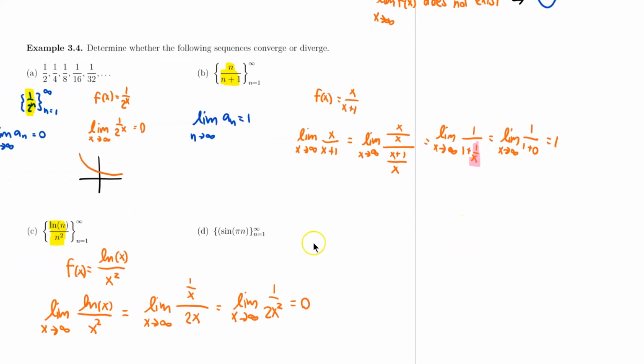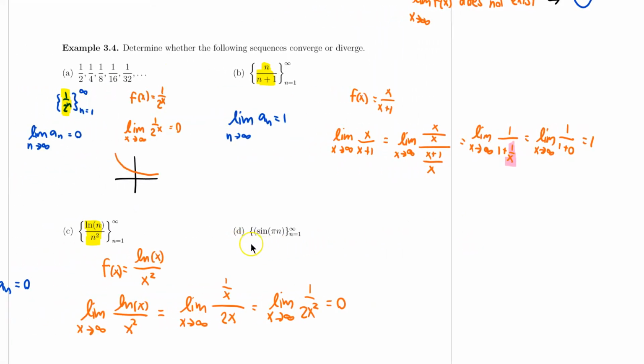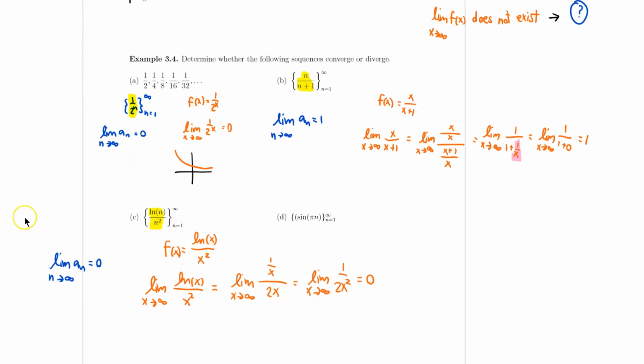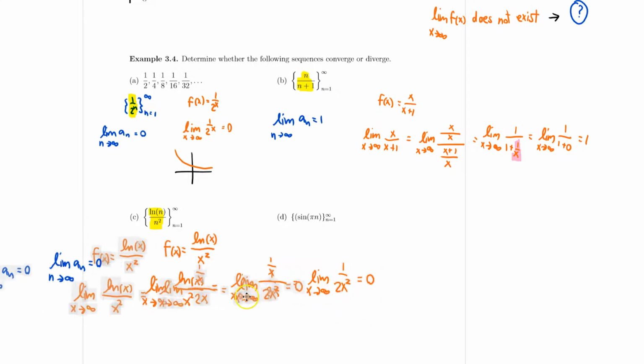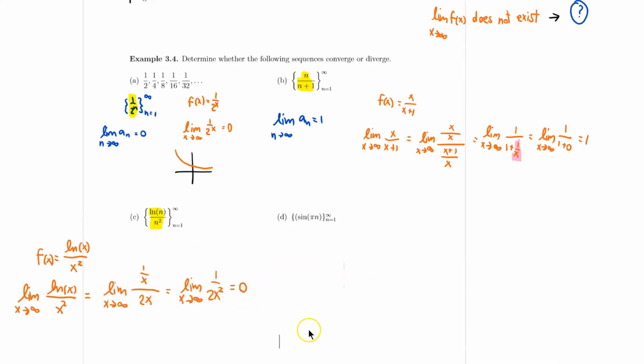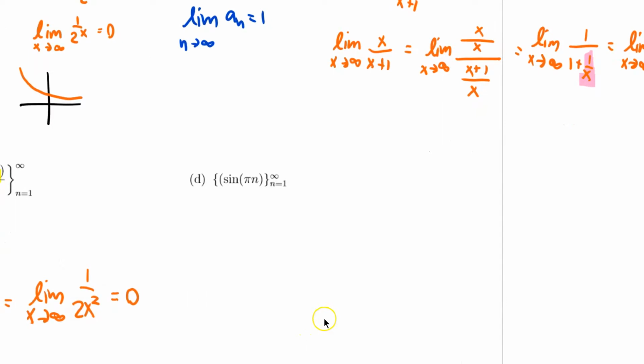If I want to find the limit of this sequence, let me move this to the side a little bit because it gets in the way. So if we look at this as a function, I'm going to be looking at the function sine of pi x.